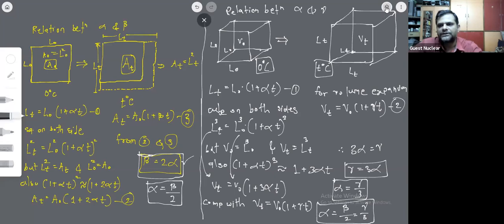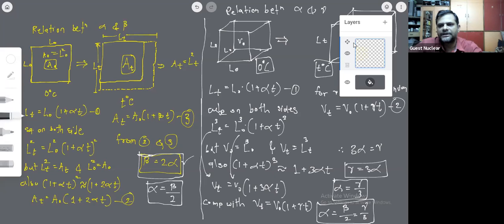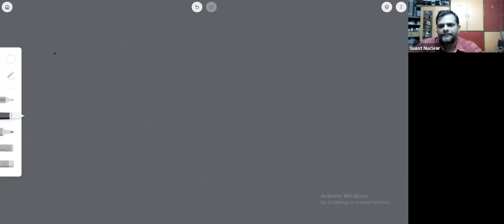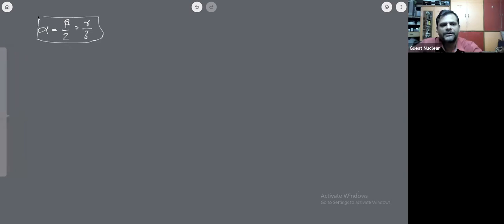We can just show this relationship on the next page here. So we can just get that alpha is equal to beta upon 2, which is actually going to be equal to gamma upon 3 here. So this is the relationship between alpha, beta and gamma.